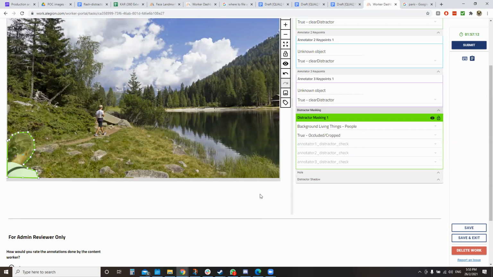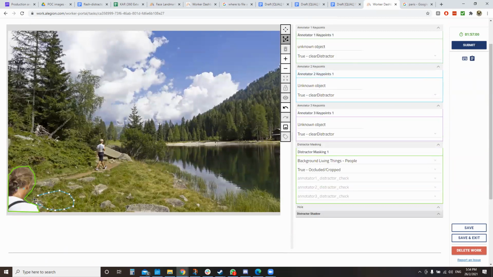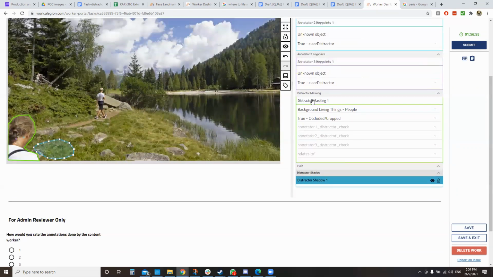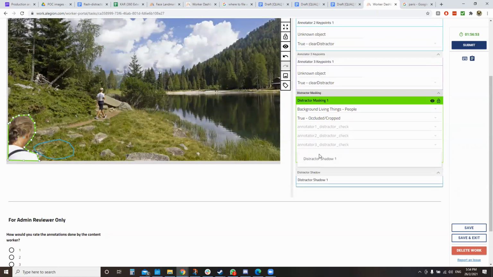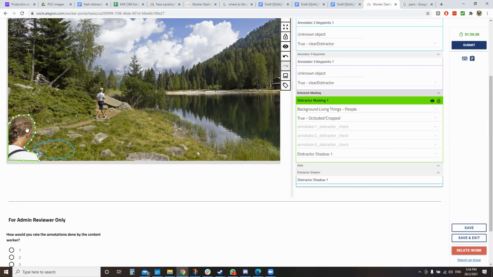So the shadow of the person: you click on this shadow distractor, you click on the polygon, you draw the shadow, and then you go to the distractor masking and you relate the shadow to the person. Understand? Which means this shadow belongs to this distractor.